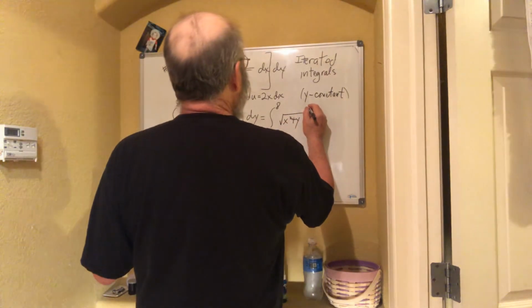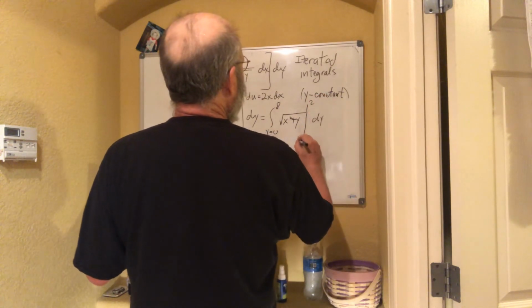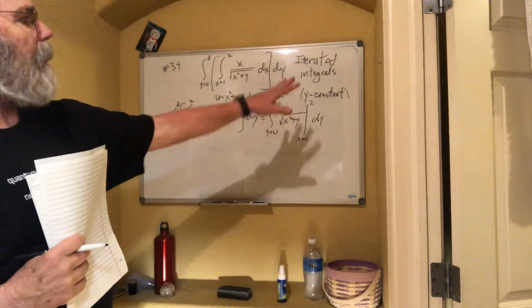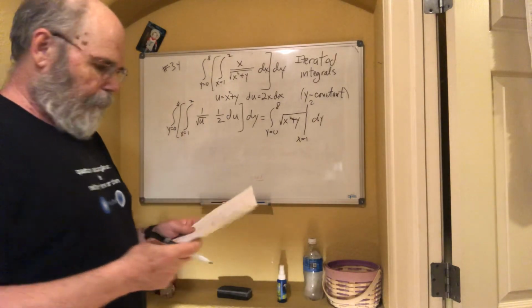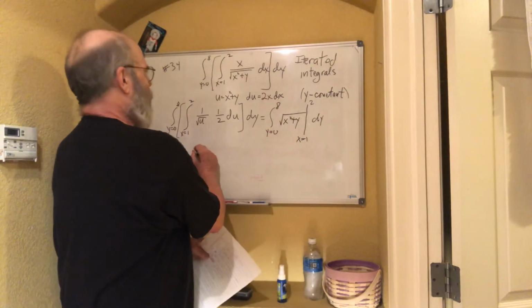That's my limit. And so I'm evaluating that across my limits of 1 to 2. Sorry about that. Now it's correct. And then when I'm done with that, I'll integrate over dy. Okay?